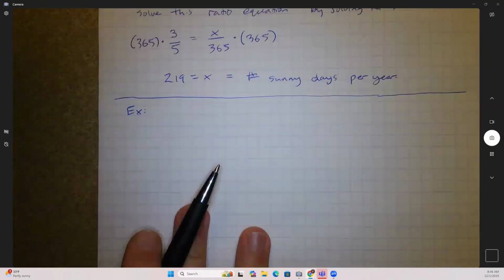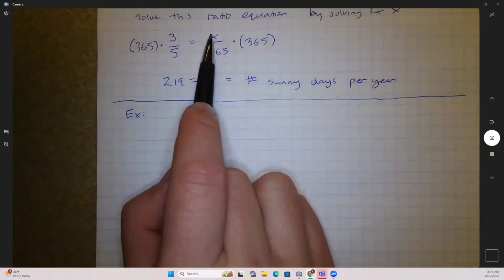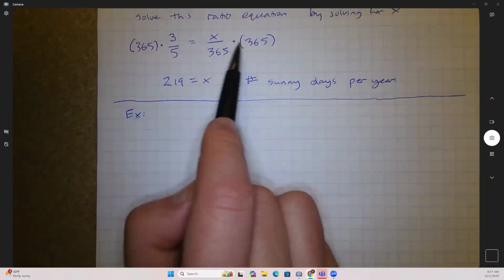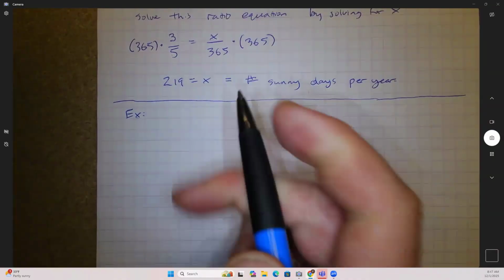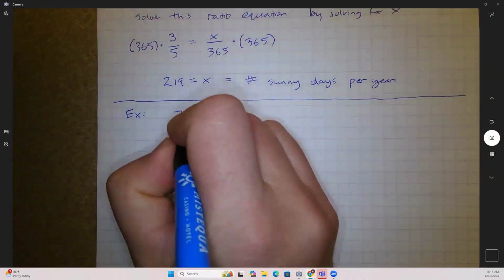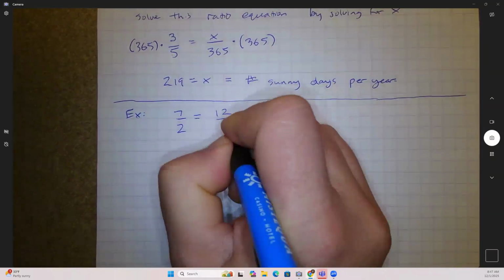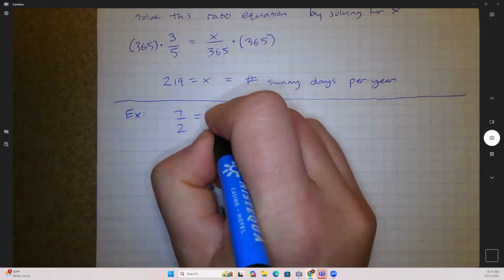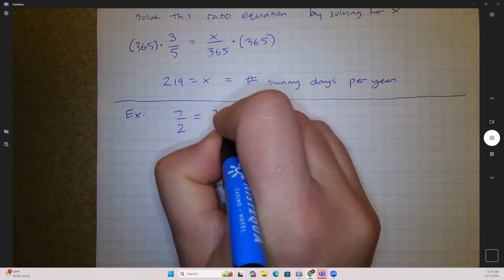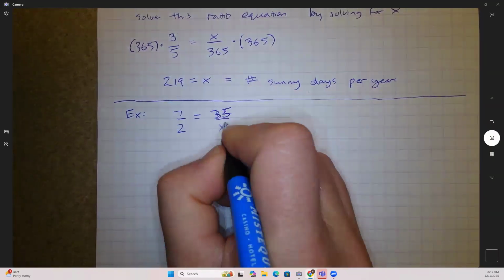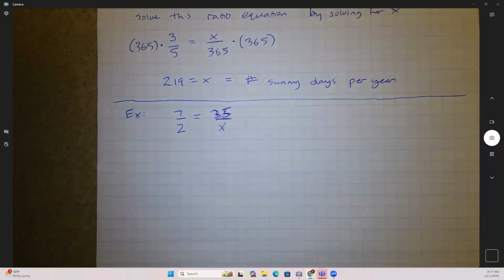So the simplest is when you have a fraction equals x over a number, because you just multiply by that denominator. You could have, let me do a different number, let me do 35, a ratio equals 35 over x.